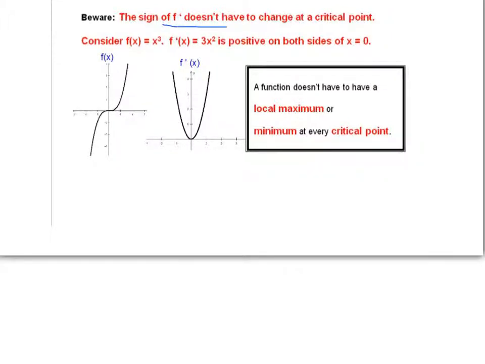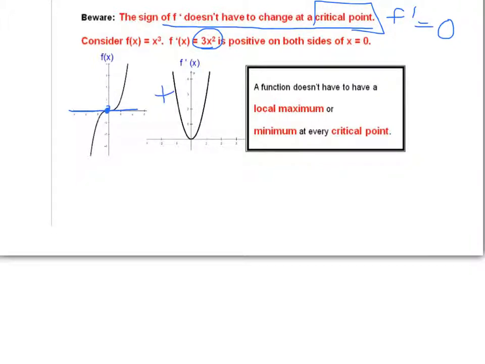Your first derivative doesn't have to change signs from positive to negative or negative to positive to have a critical point. Because remember, a critical point is where the first derivative equals 0. So here when I have x to the third, my first derivative is going to equal 0. It's going to be horizontal right at the origin. But if I look at the derivative, which is 3x squared, I get a parabola.